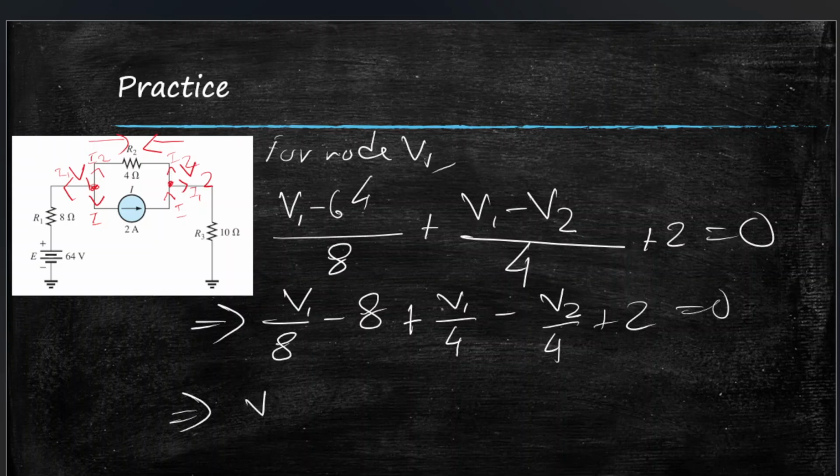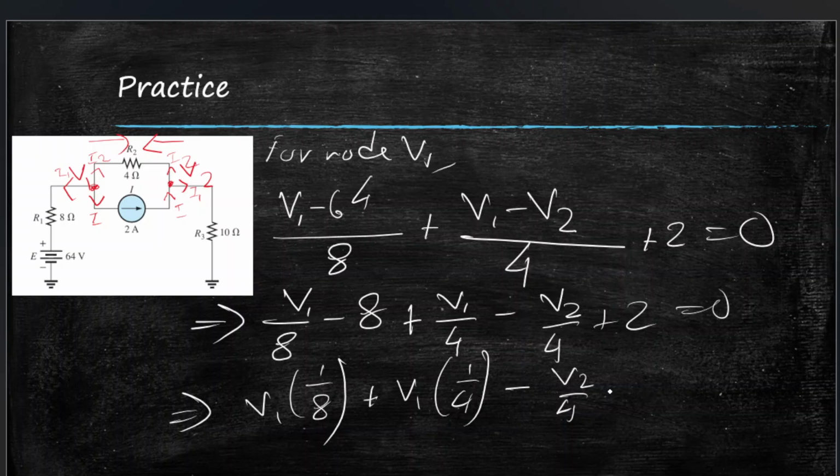So v1 times 1 over 8 plus v1 times 1 over 4 minus v2 over 4, and then minus 8 plus 2, so that's minus 6. I send it to the right side, so plus 6 there.